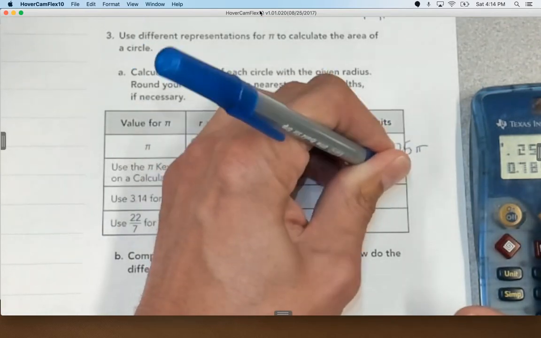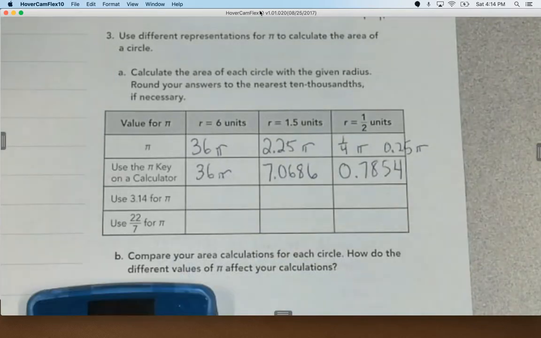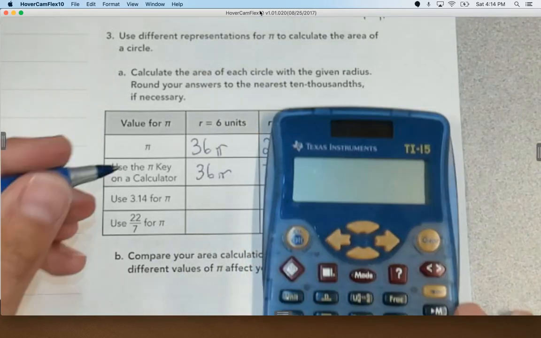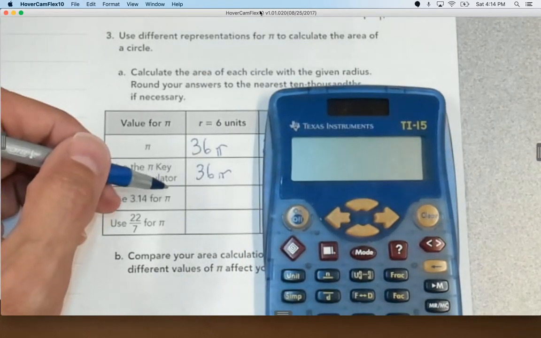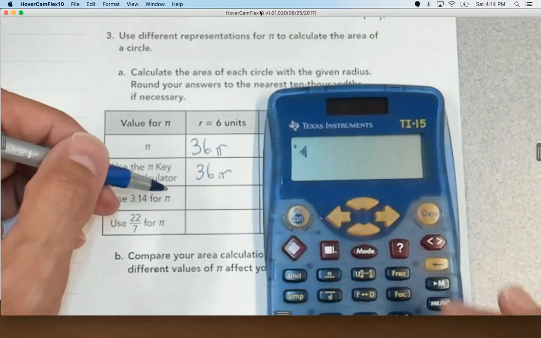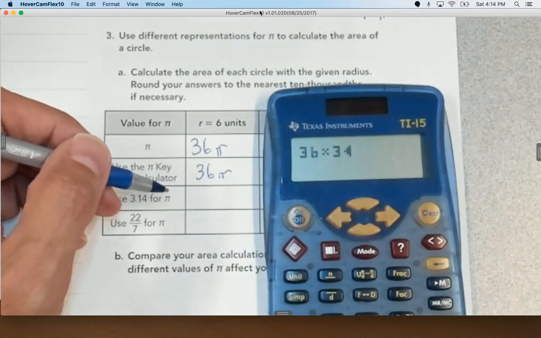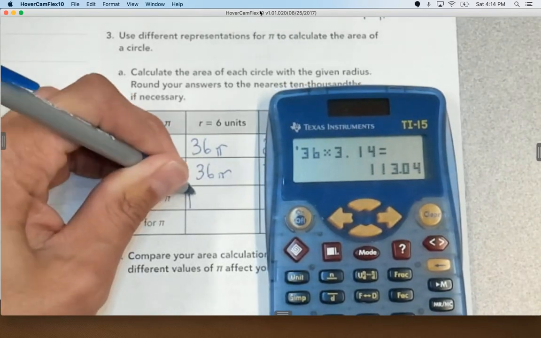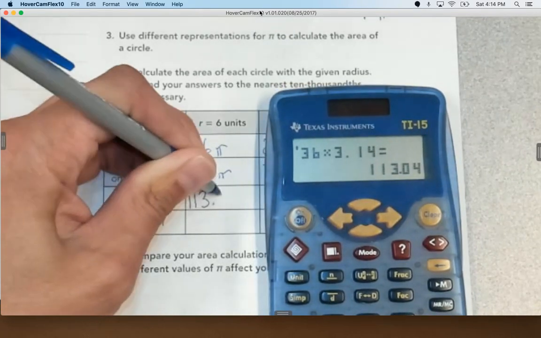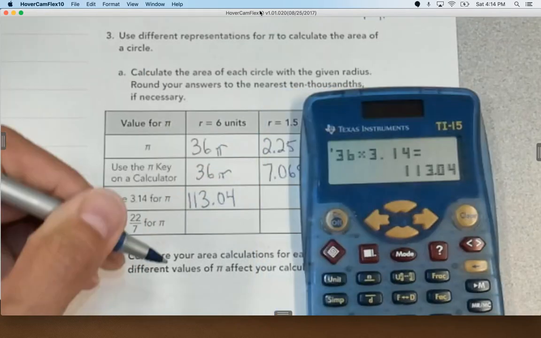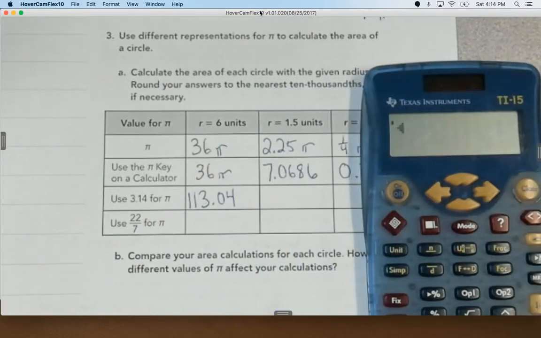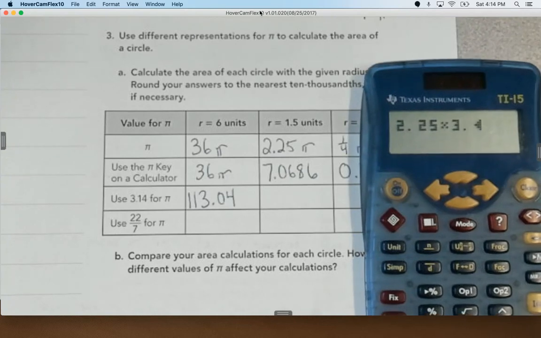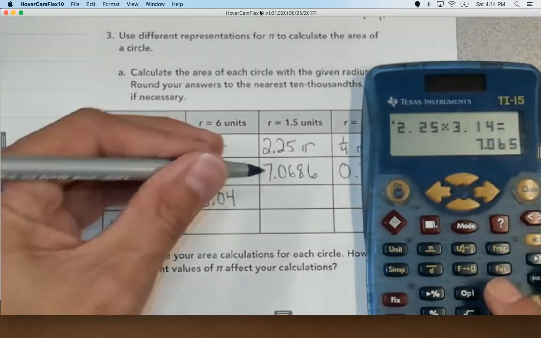Next, I use 3.14. The first one is 36 times 3.14, and that is 113.04. The next one is 2.25 times 3.14, and that's 7.065.